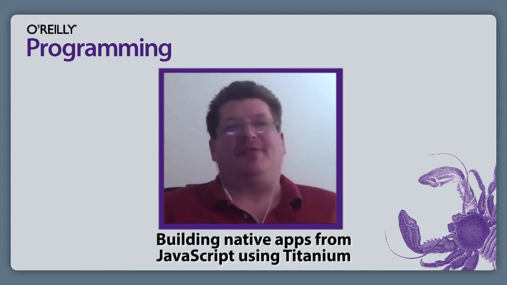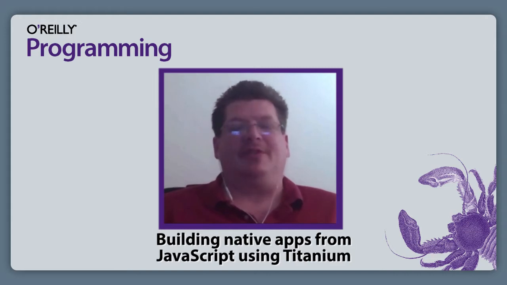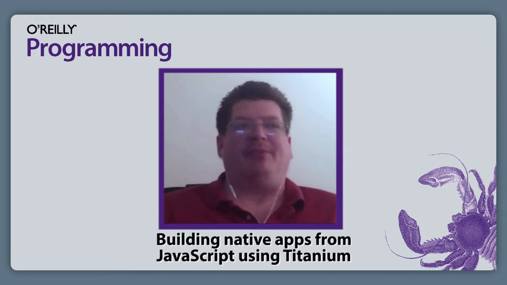Right. I think that's a big misconception that a lot of people have about Titanium. Things like PhoneGap and Cordova are really popular now. They give people a lot of power in that they allow developers to use their web skills and JavaScript skills and CSS and HTML5 to produce what seems like a native app, but it's really an embedded web view in a kind of app wrapper.